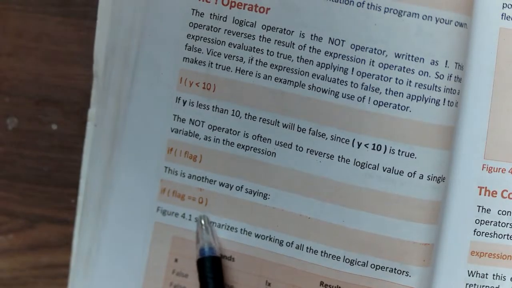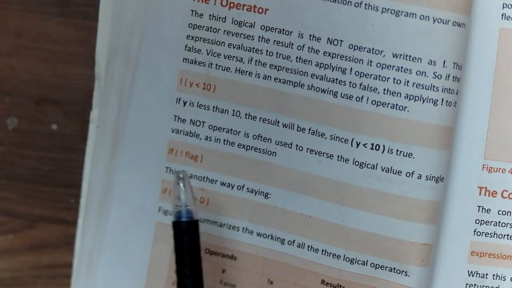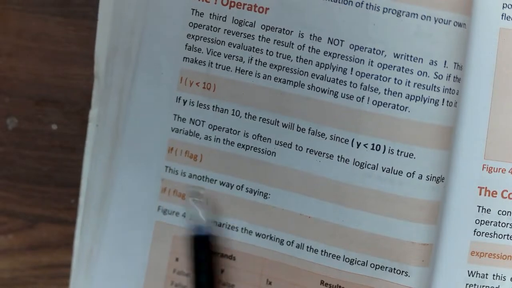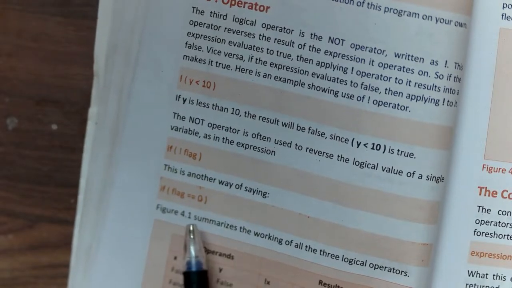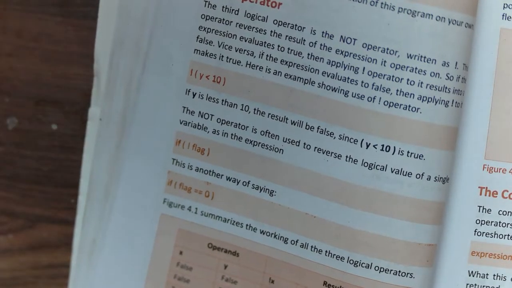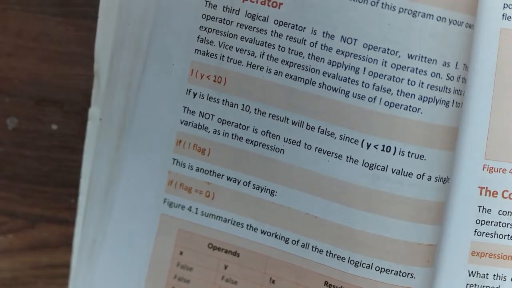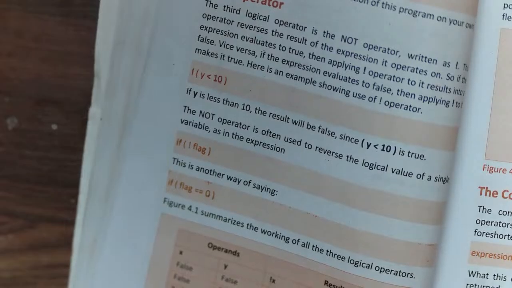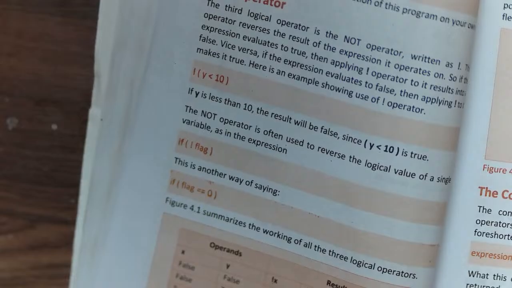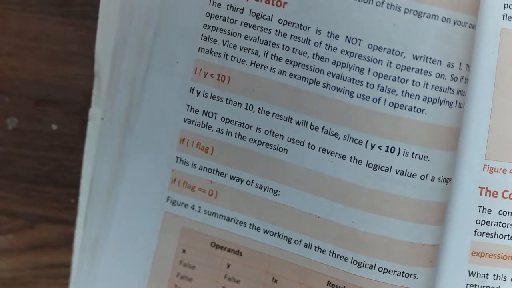This is complicated. X false, false, true, true; Y false, true, false, true. X not: true, true, false, false. Y not: true, false, true, false. X and Y: false, false, false, true.